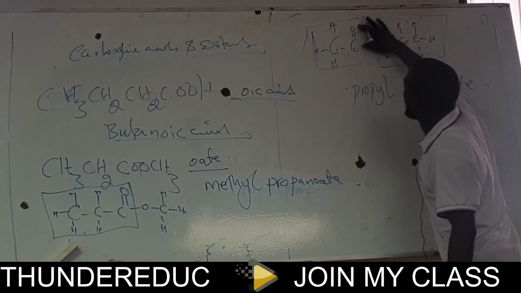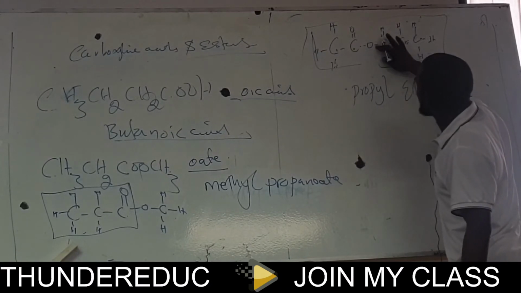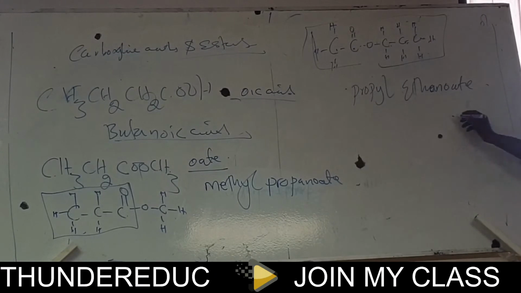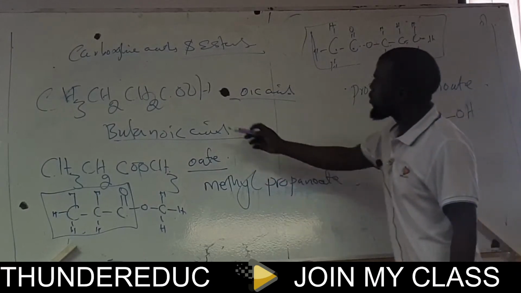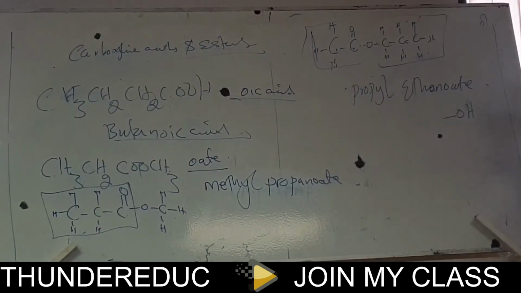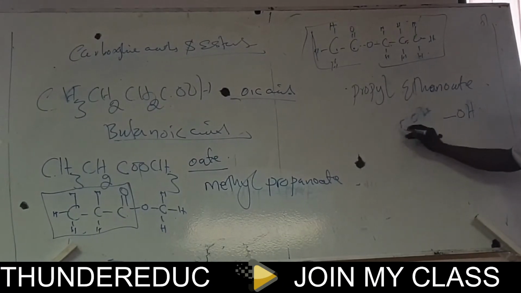Which one is the functional group? Functional group of alcohol is OH, ne? Like that. What is the functional group of carboxylic acid? Carboxylic acid is COOH.